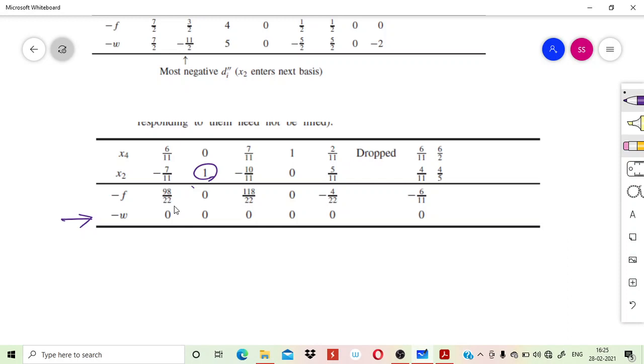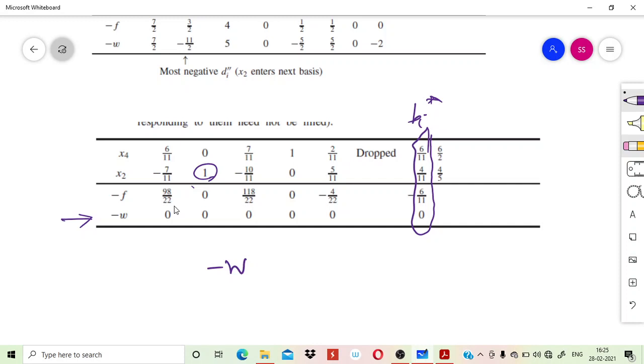So that means our new objective function has been minimized, and the minimum value of minus w is given by the solution column, that is, the b star solution column.